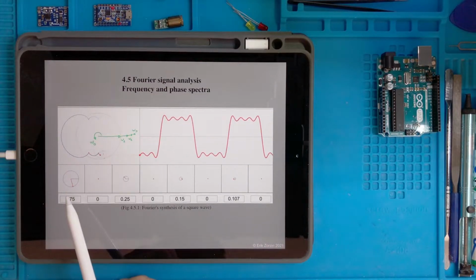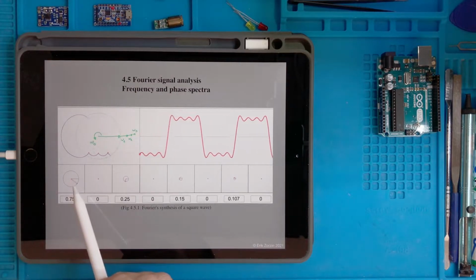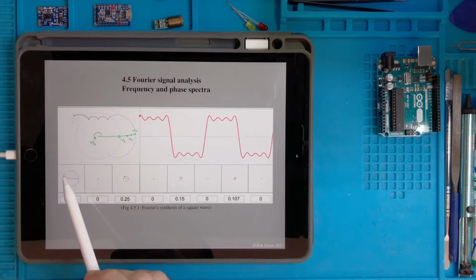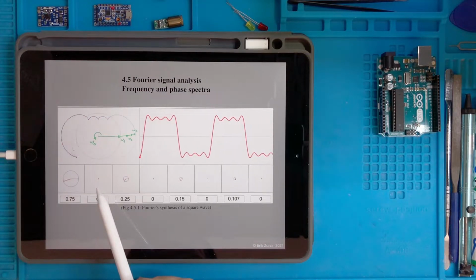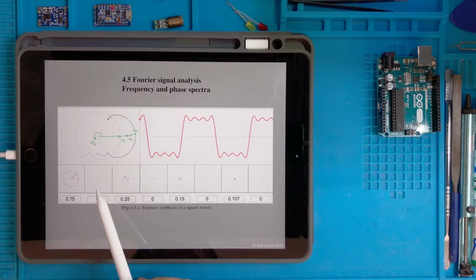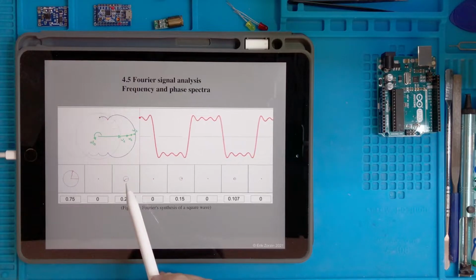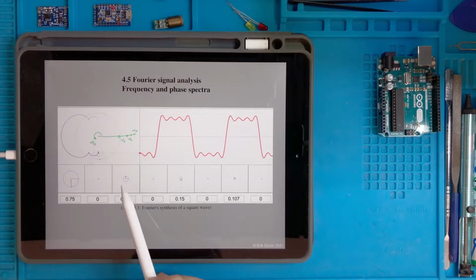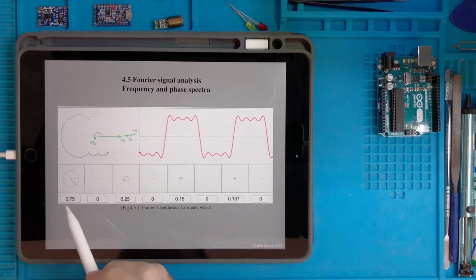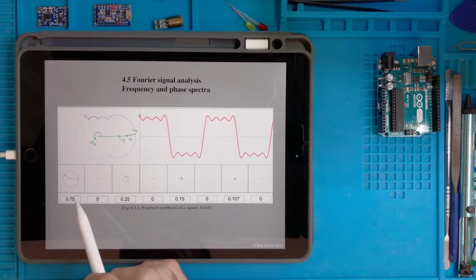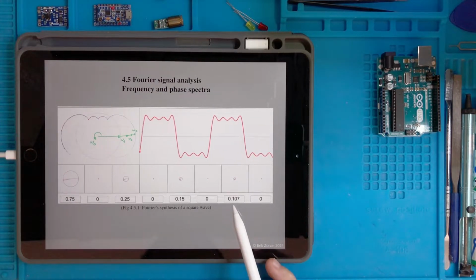Here you have a representation of them, so you see the one corresponding to the fundamental harmonic is rotating quite slowly. This one is not present, this frequency is not present in this representation. It comes from the calculation of the Fourier transform. Then this one is smaller but faster, and also this one and this one. Those numbers here are the weights, so the amplitudes here, here, and here.